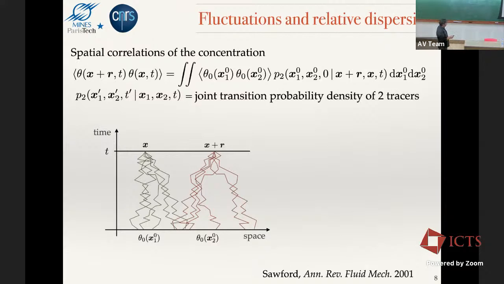Which means that the correlation at time t, I can express it as the initial correlation between 2 points, x10, x20, that I weight with the probability of starting from x10, x20 and finishing at x and x plus r at time t. So this is the 2 point transition probability.